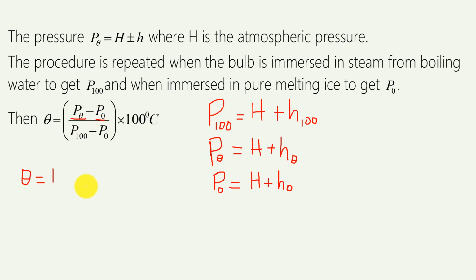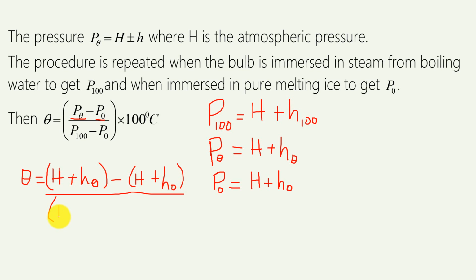P theta can be written as capital H plus small h theta, minus P naught, which is capital H plus small h naught, over P100, that is H plus small h100, minus P naught, which is still capital H plus small h naught.